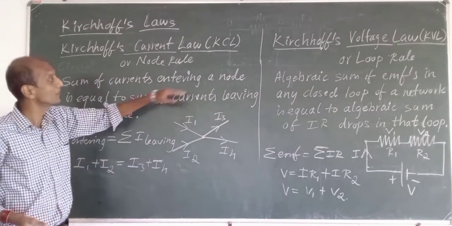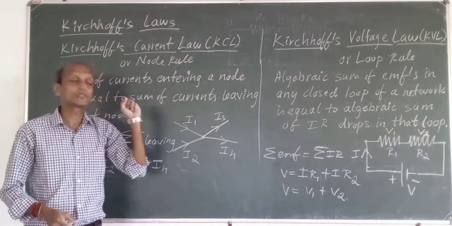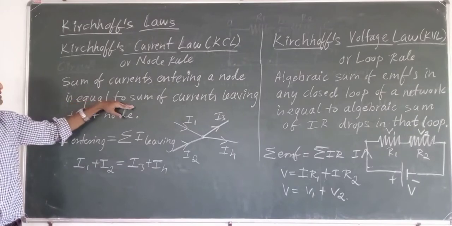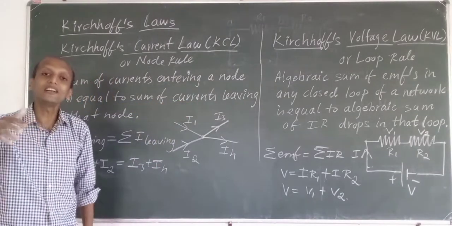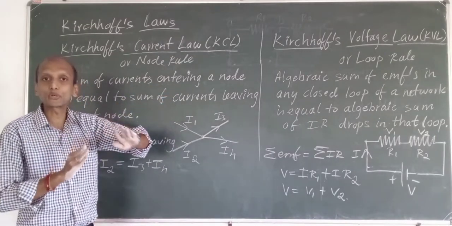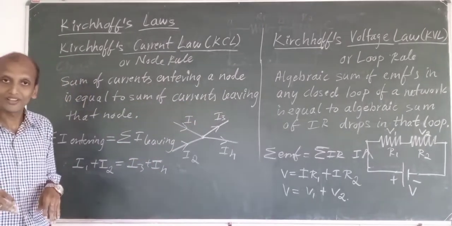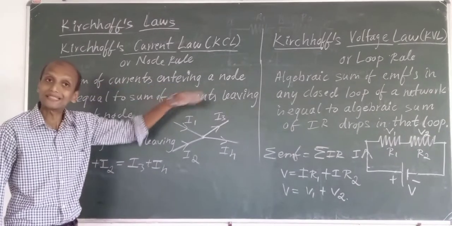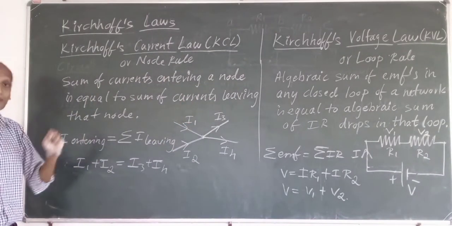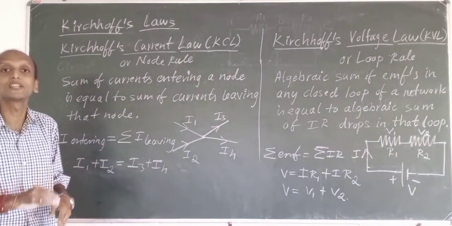If I consider a particular node, the sum of currents entering the node is equal to the sum of currents leaving the node. Leaving means going away from the node.